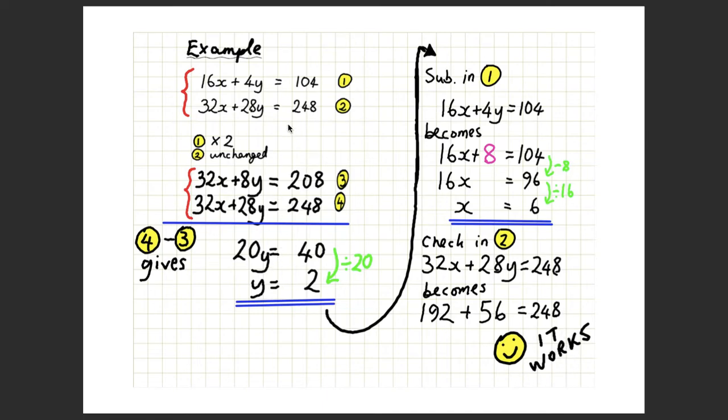So this is my preferred layout for solving simultaneous equations. Writing down the two equations to start with, multiplying one or both of the equations up by something as necessary in order to make something the same, x or y, and then subtracting one equation from the other in order to eliminate x or y.